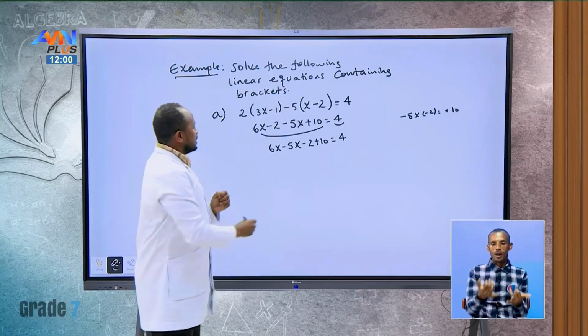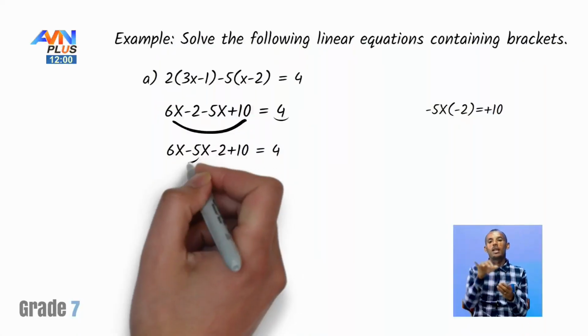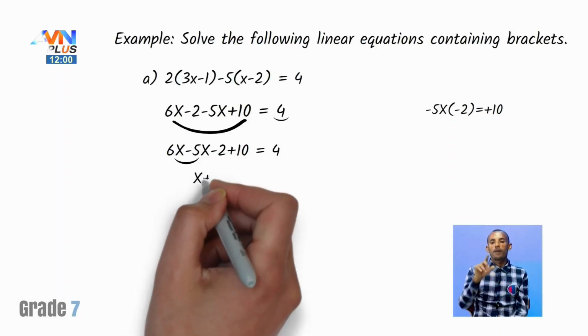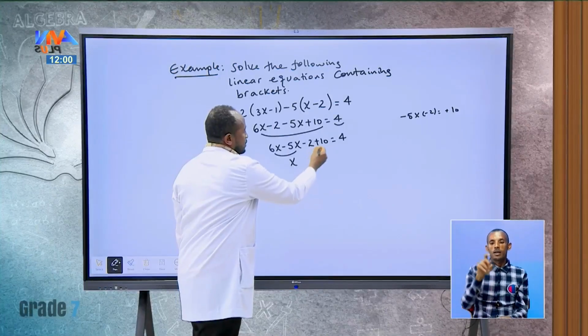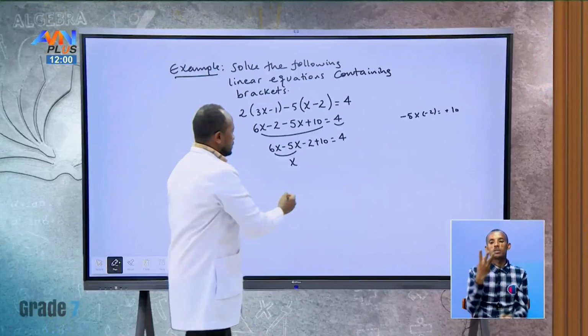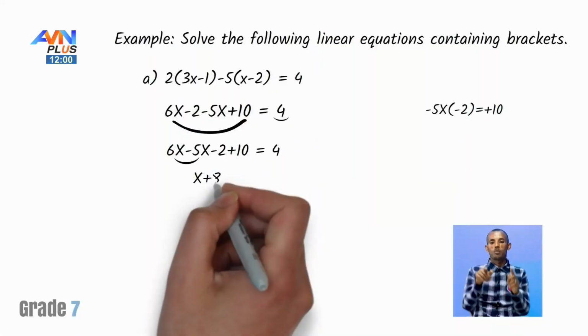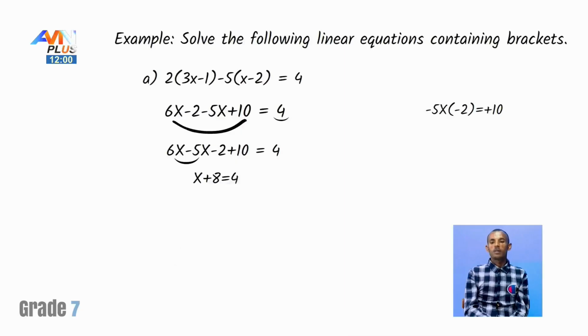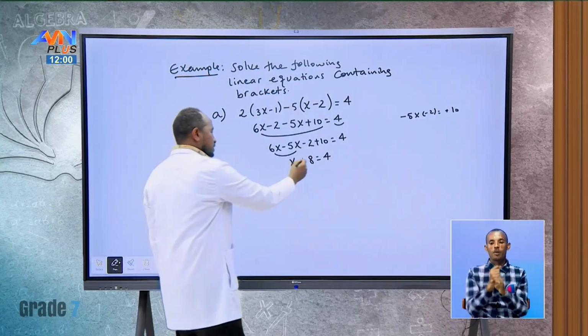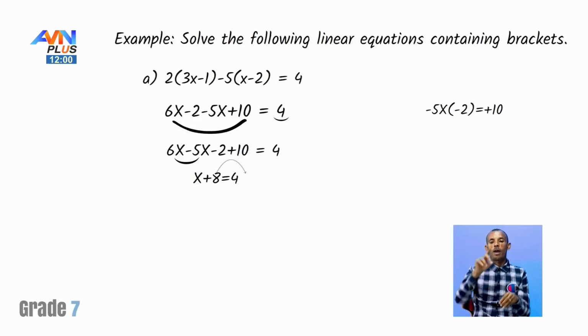Now, let's add the like terms. 6x minus 5x gives you what? It's 1x, which is x. Again, let's add this. -2 plus 10 is this? Good, it is +8 is equal to 4. Now, to find the value of x, move 8 to the other side.